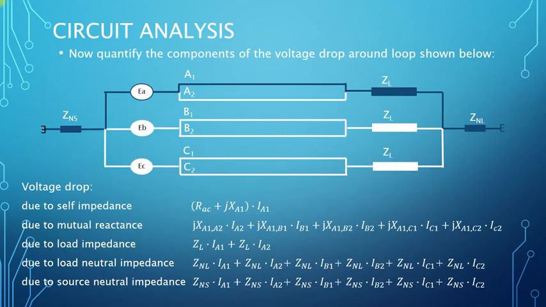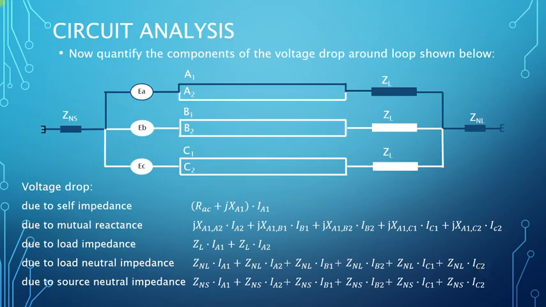So we have to sum all those currents together and multiply them by the neutral impedance to get the voltage drop across the neutral impedance. And that is this term here.